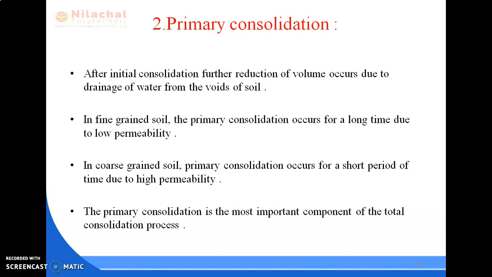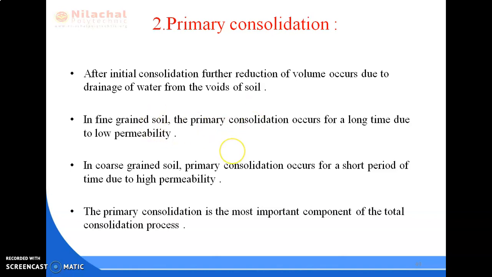Next is primary consolidation. After completion of the initial consolidation, we go for primary consolidation. Further reduction of volume occurs due to drainage of water from the voids of soil. In fine grained soil, the primary consolidation occurs for a long time due to low permeability.